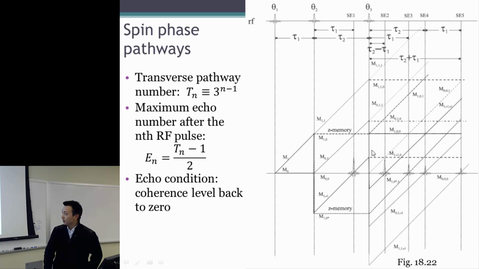When it passes through the 0 coherence level, it will create an echo. So whenever you see the pathway pass through this line, you can see an echo. Is that clear? Okay.